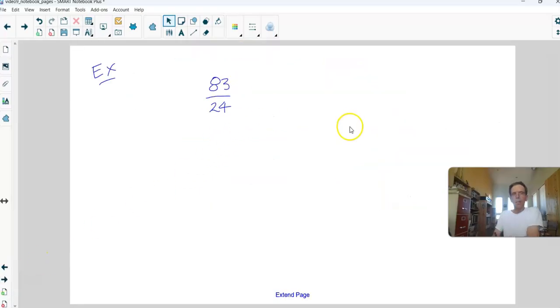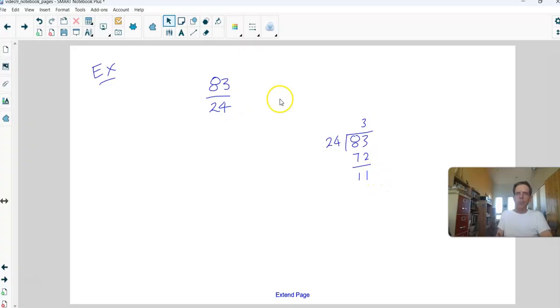Let's do it again. So here we've got 83 being divided by 24. Let's see, 24 is close to 25. If we multiply by 3, we get 75. I think 24 goes into 83 about 3 times to start with. So what happens when we multiply there? We get 72. Then you subtract, and we're going to get 11.